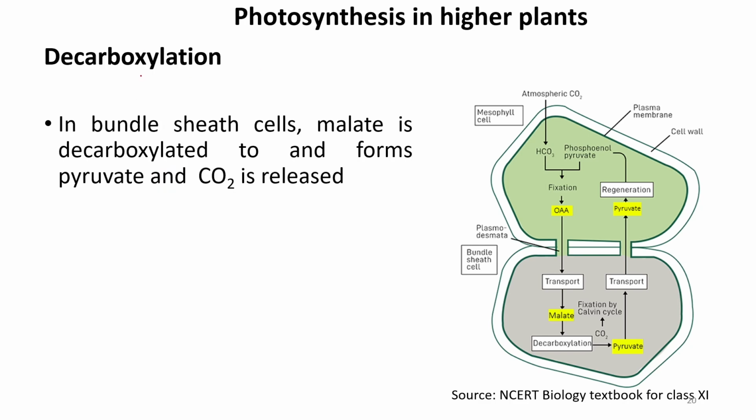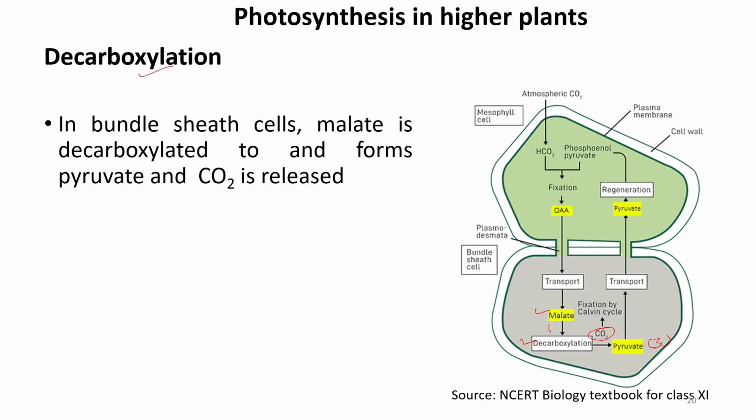The next step is the decarboxylation step. During decarboxylation, what happens? We have malate in the bundle sheath cells now. This malate undergoes decarboxylation. Decarboxylation means release of carbon dioxide, or loss of a carbon. This results in the release of carbon dioxide, and a 3-carbon compound is formed, known as pyruvate.